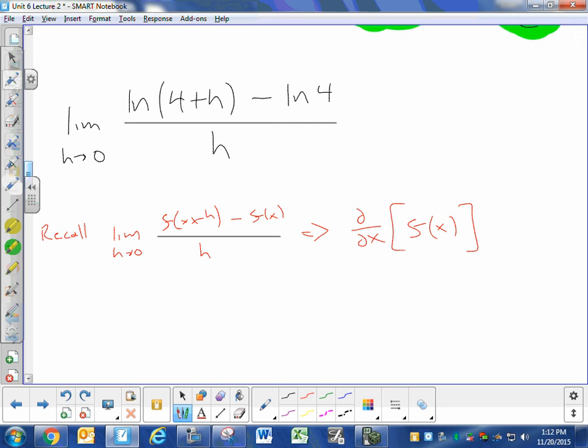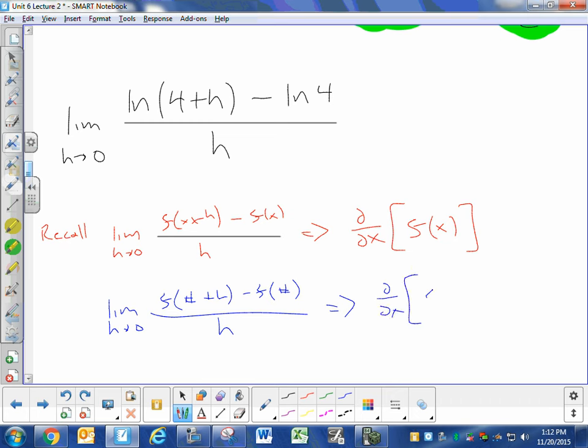But if we had a number, like f of some number plus h minus f of some number, that is the same as the derivative of my function with x's when x is the number. So your job is to take this, translate it into this, and then find the answer.